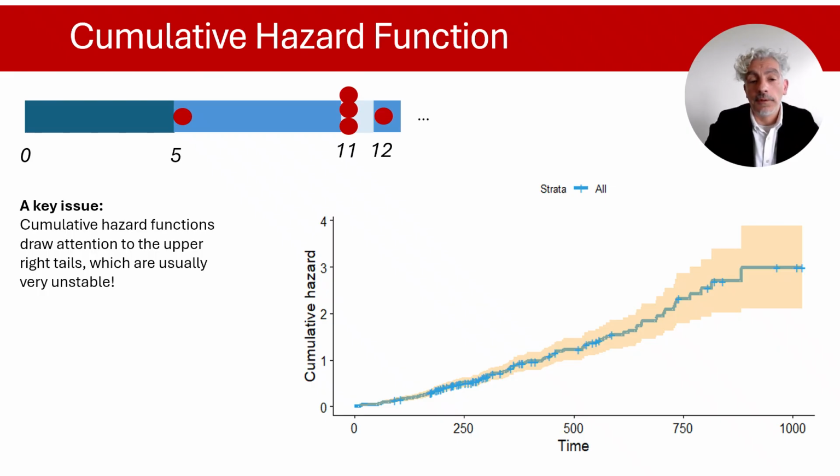It is therefore advisable to focus on earlier and more stable sample estimates than the ones estimated towards the end of the study. But in a nutshell, the cumulative hazard function is particularly useful in identifying periods where the rate of change in risk changes, so that we can identify periods where the average slope, so to speak, of the hazard function is changing.